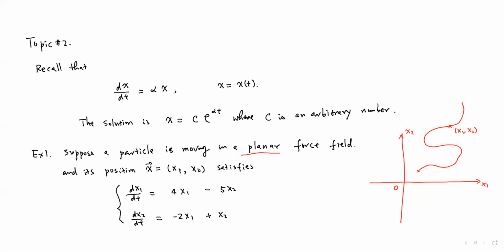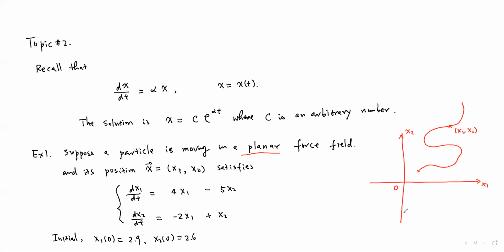Initially, when time is 0, we know the position of the particle. The x1 coordinate at time 0 is 2.9 and x2 is 2.6.